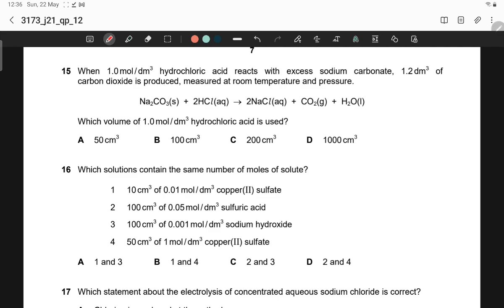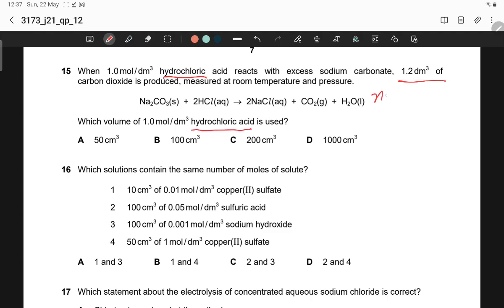When 1.0 mole per dm cube hydrochloric acid reacts with excess sodium carbonate, 1.2 dm cube of carbon dioxide is produced, measured at room temperature and pressure. Which volume of 1 mole per dm cube of HCl is used? So this is 1.2 dm cube of carbon dioxide.